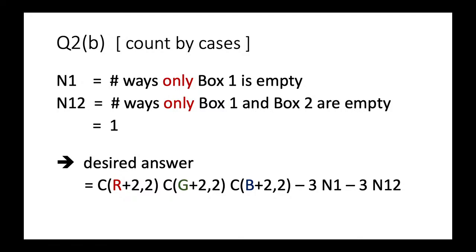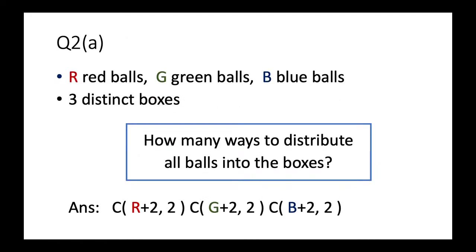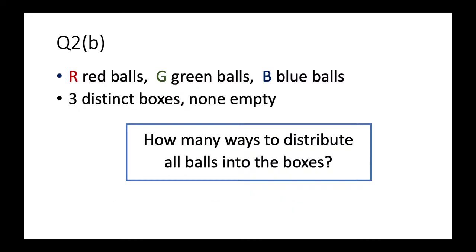We have already solved the first part, which is without any restriction. So what we need to do here is take away those cases that do not follow the restriction. So we should take out the cases where we have some empty boxes.